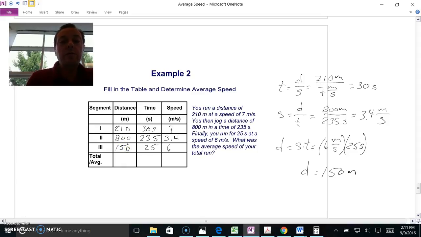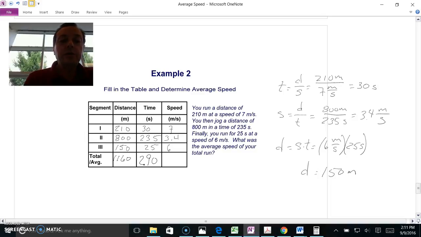Okay, and if we get total distance, that's going to be 1,160 meters. Total time, sorry, that's 30 seconds. We'll just use 30. Total time is going to be about 290 seconds.